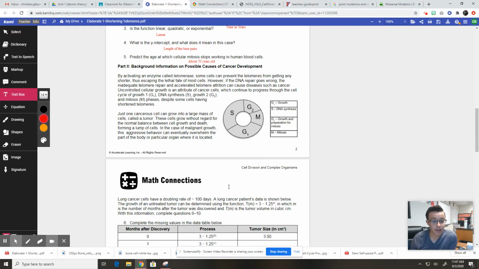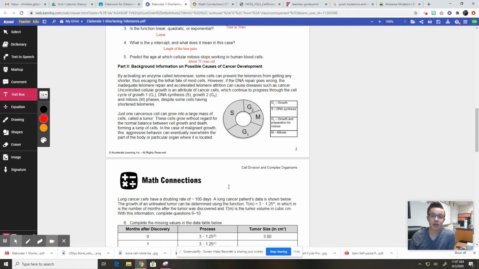But it says by activating an enzyme called telomerase, enzymes always end in ase, telomerase, some cells can prevent the telomeres from getting any shorter, thus escaping the lethal fate of most cells. So basically, it stops that process from happening, from the telomeres getting shorter every time they divide. However, if the DNA repair goes wrong, the inadequate telomere repair and accelerated telomere attrition can cause diseases such as cancer.